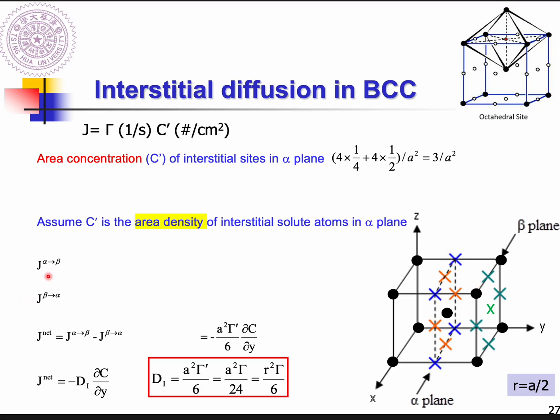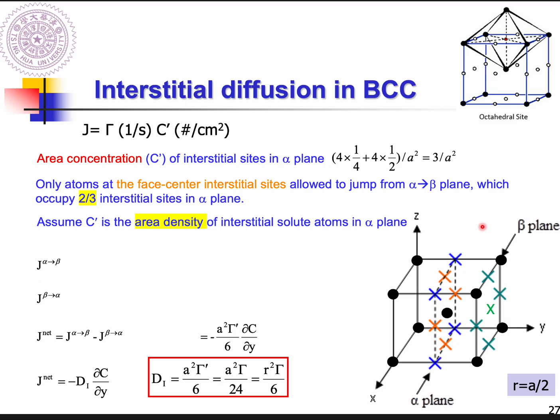And now my question here is, I need to know the flux from alpha to beta. If the solute atom is located at this interstitial site, which solute atom can make a successful jump to the beta plane? That's quite important, right? So that can help us to identify the J alpha to beta. So if the solute atom sits at this interstitial site, can it make a successful jump to the beta plane?